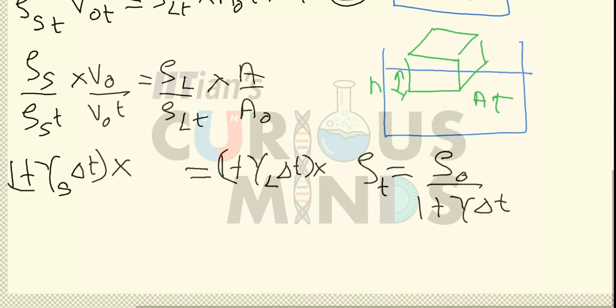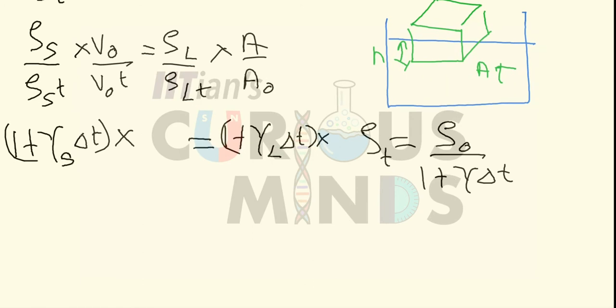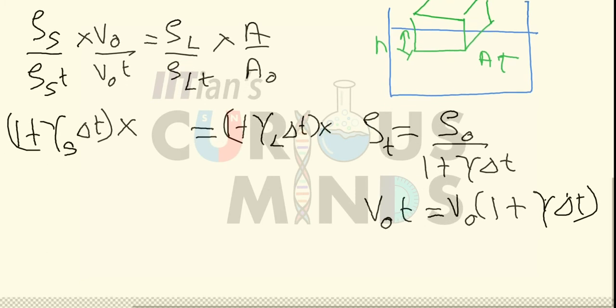Now how will I get the value of A and A naught? V T will be equal to V naught into 1 plus gamma delta T.